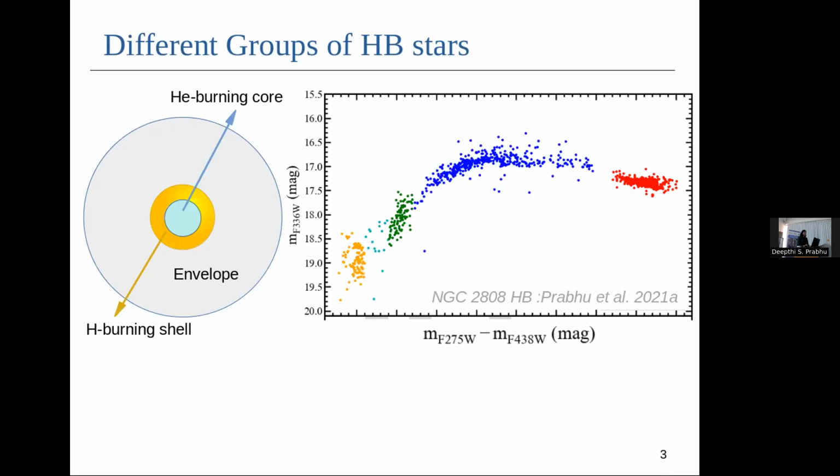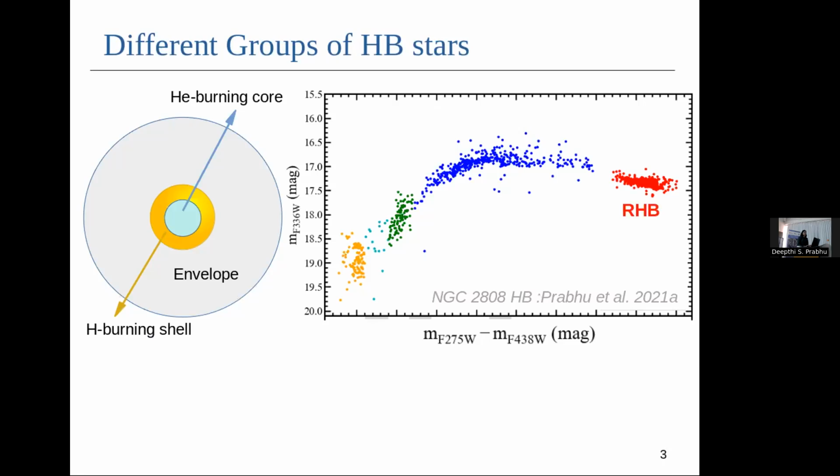Depending on the mass of the envelope, the horizontal branch stars can be divided into various categories, and they have different implications depending on the envelope. Here is the globular cluster NGC 288, showing only the horizontal branch stars.